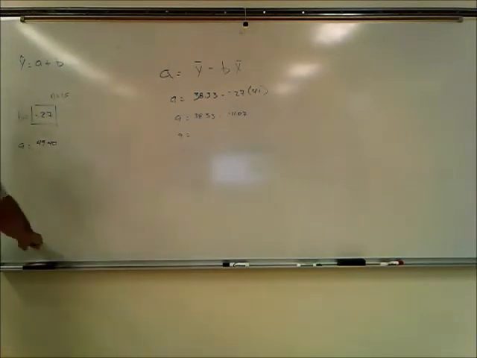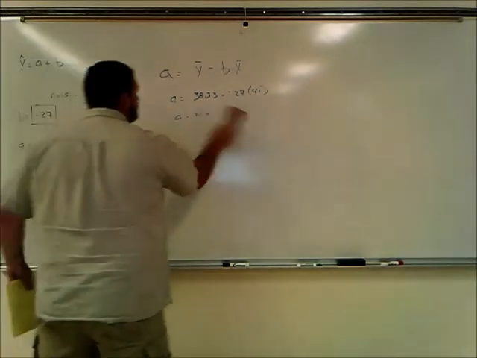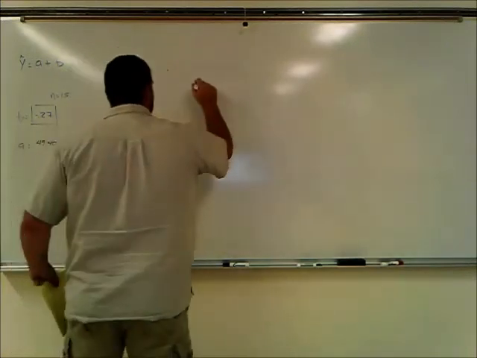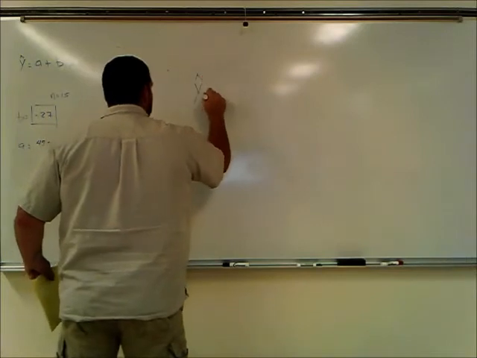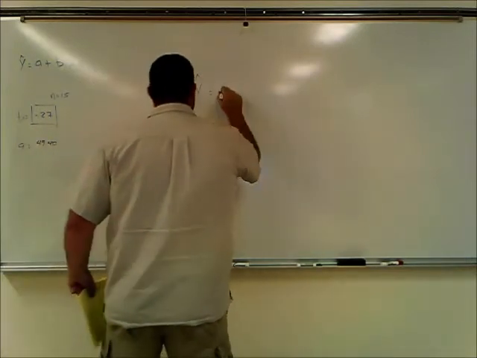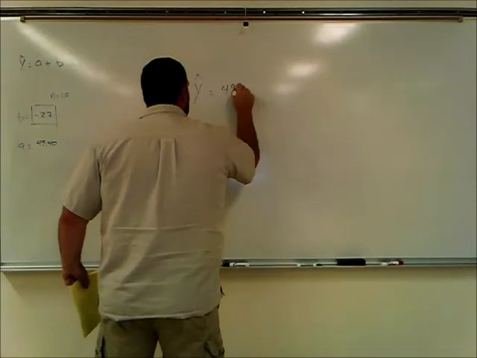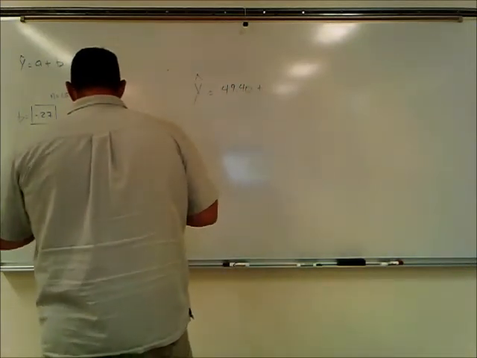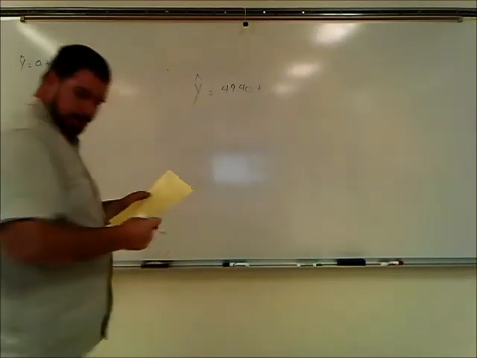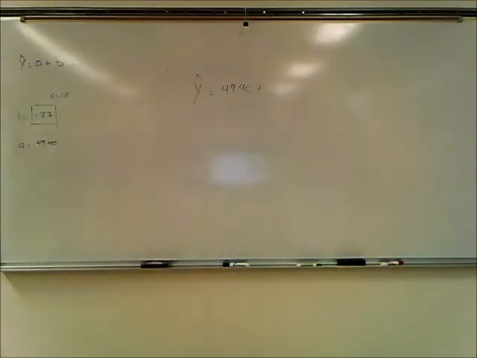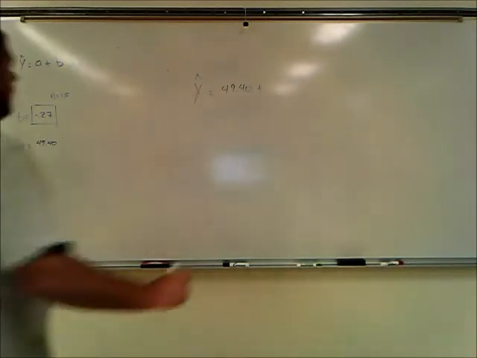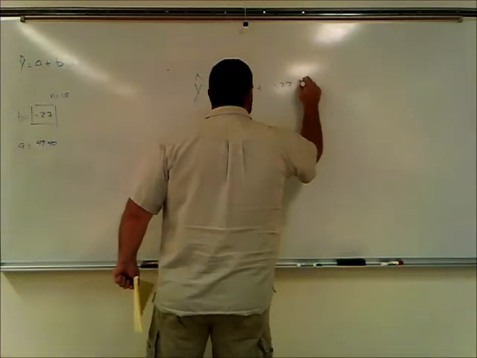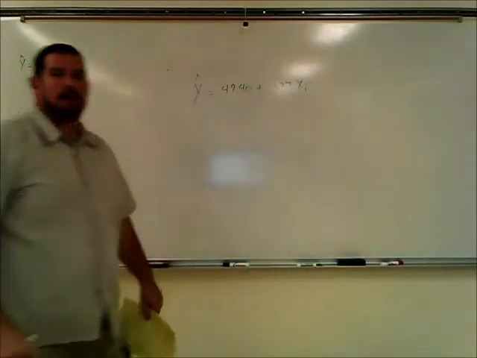So the y-intercept equals 49.4, and we can script out now the predicted values equation, which is y hat equals 49.40 plus our observed slope, which is negative 0.27 times x, and I'm putting the subscript i in there.